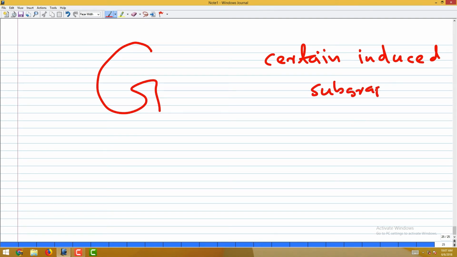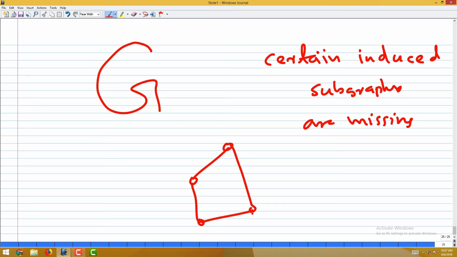Subgraphs missing. For instance, C4 is missing, because it is a chordal graph, induced C4 cannot be there, and C5 is missing.